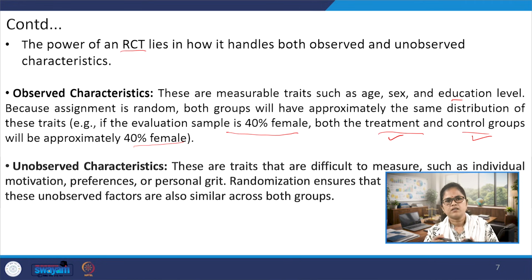As I told you, these are basically traits, and unlike observed characteristics, which are a bit easy to identify and observe, these unobserved characteristics are really difficult to measure. For example, it is difficult to measure the participants' motivation, preferences, and even personal grit.